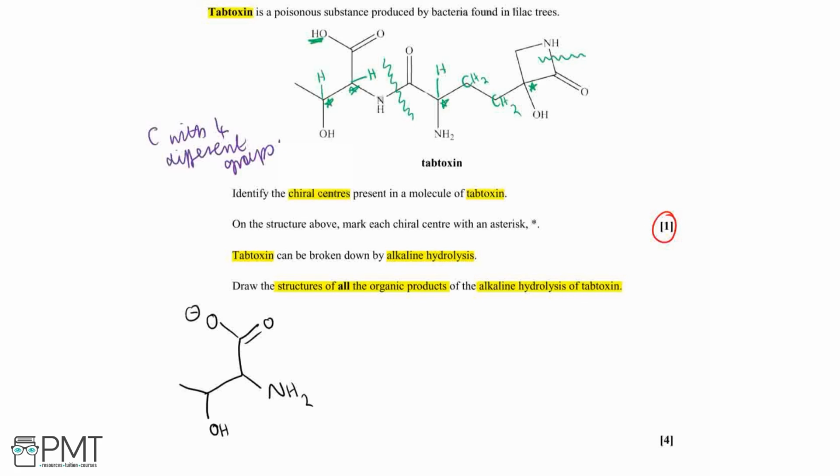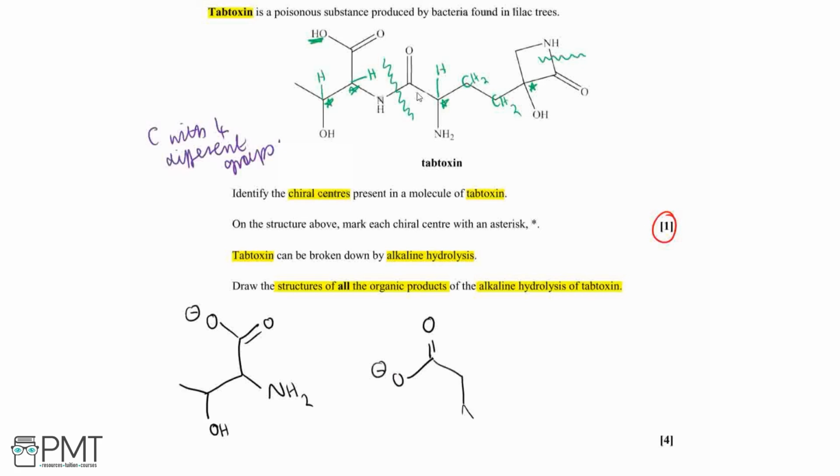And our second product, we're just drawing from here onwards. Originally it would be an acid group like this, but as I mentioned, because we've got an alkali, we're instead going to have this shown as a negative ion overall, because that donatable proton will react with the alkali.